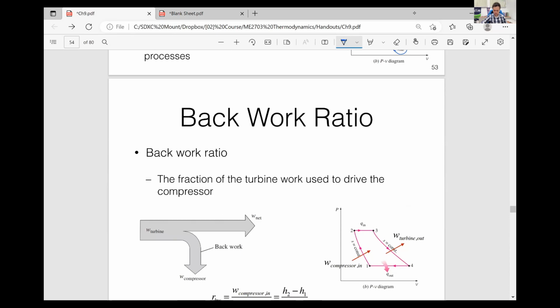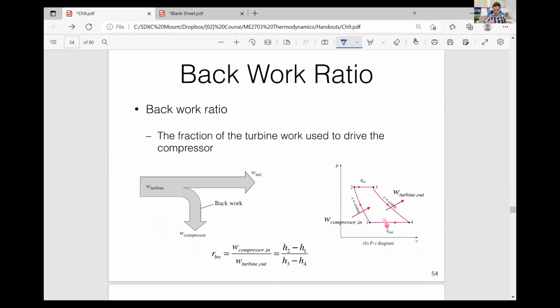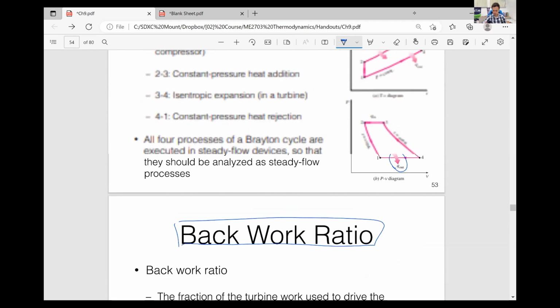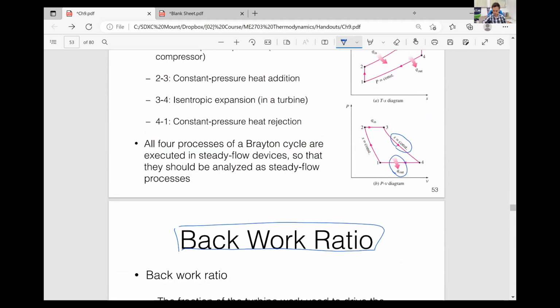There's another ratio called the back work ratio. The back work ratio is defined as the compressor work input over the turbine work output. The compressor work input is H2 minus H1, the compression process 1 to 2.